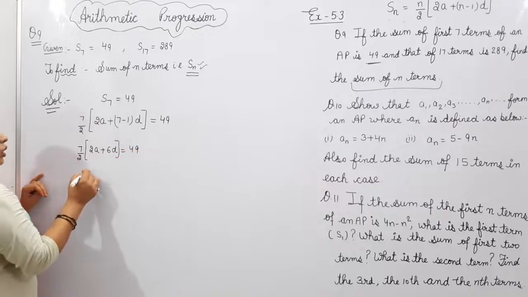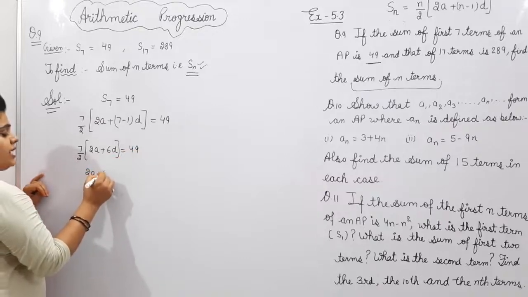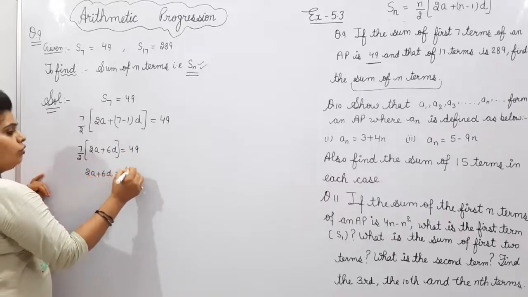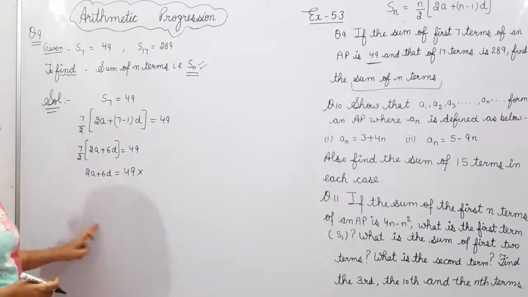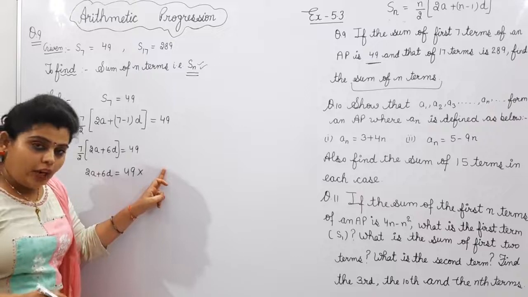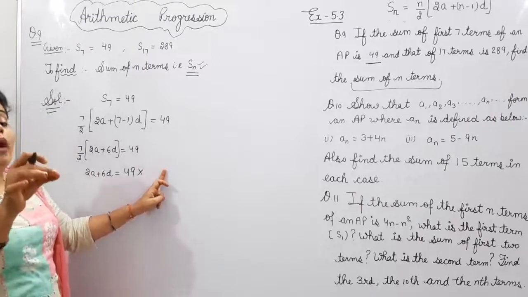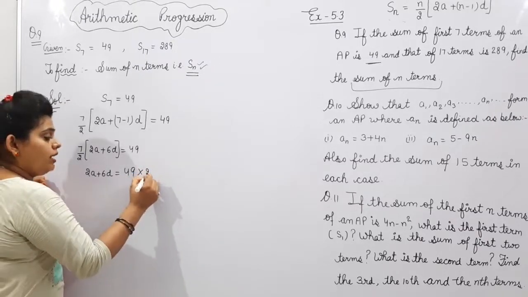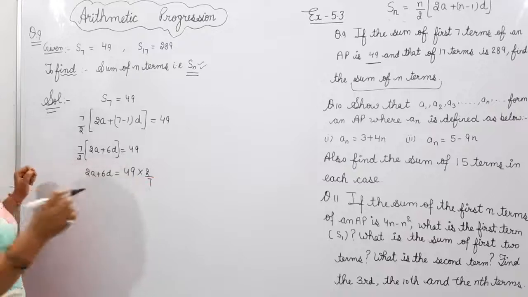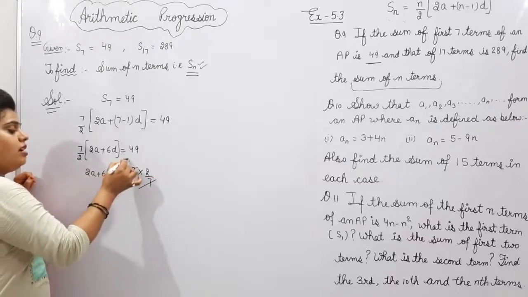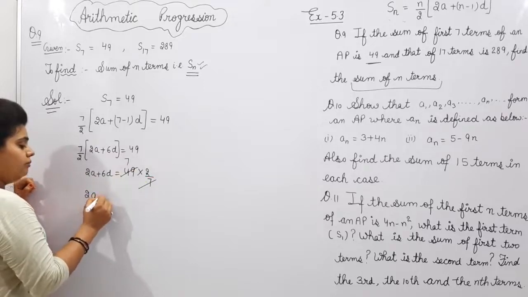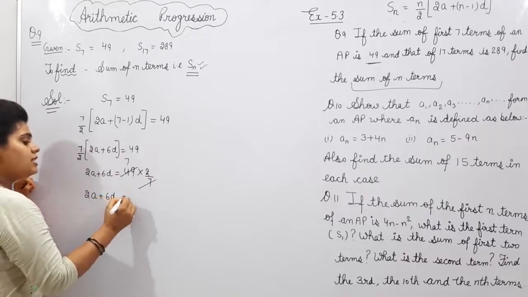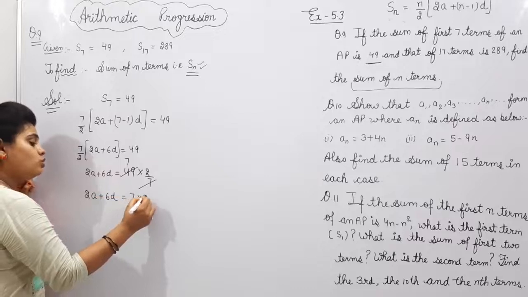From here, 2a plus 6d will equal 49 multiplied by the reciprocal of 7 by 2, means we will multiply 49 by 2 by 7. Now 7 sevens are 49, and it will become 2a plus 6d is equal to 7 into 2.